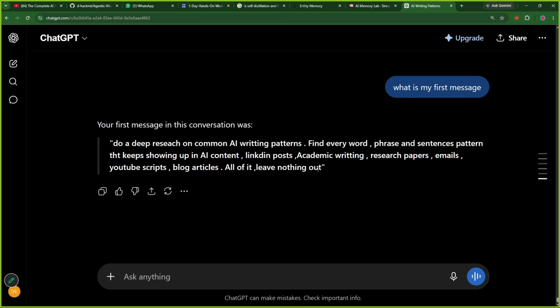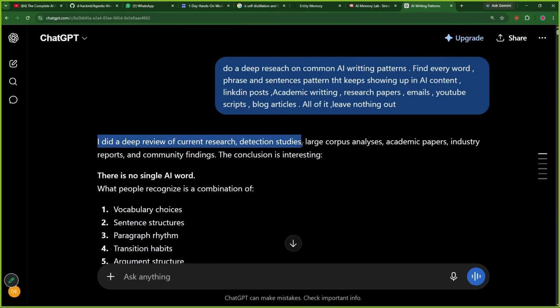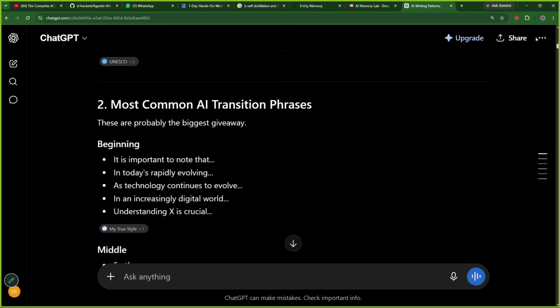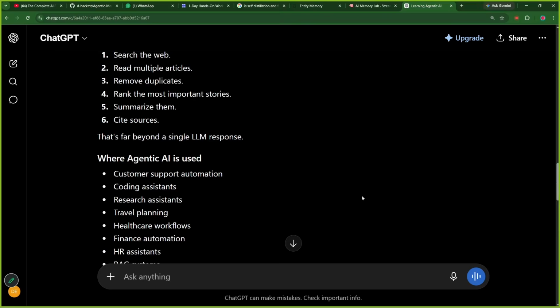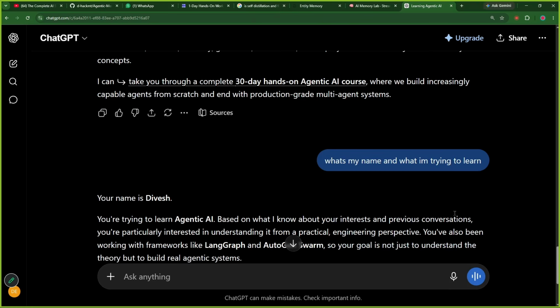Do a deep research in AI and helping finding patterns. All right. So this was an example of long-term memory where it is able to retrieve information of longer duration as well. And the first example which we saw, learn agentic AI, this was an example of short-term memory as well, where we were able to retrieve information of short conversations as well, right?